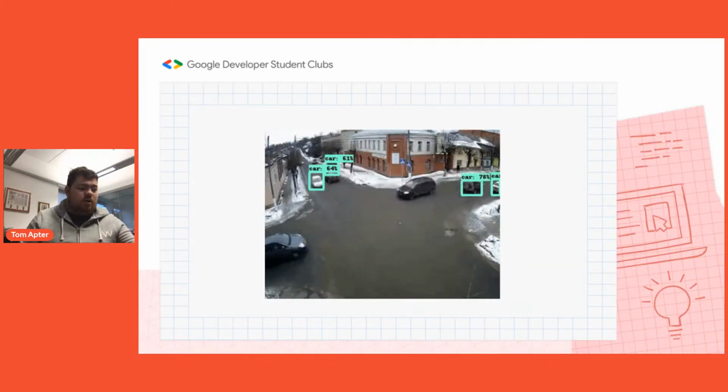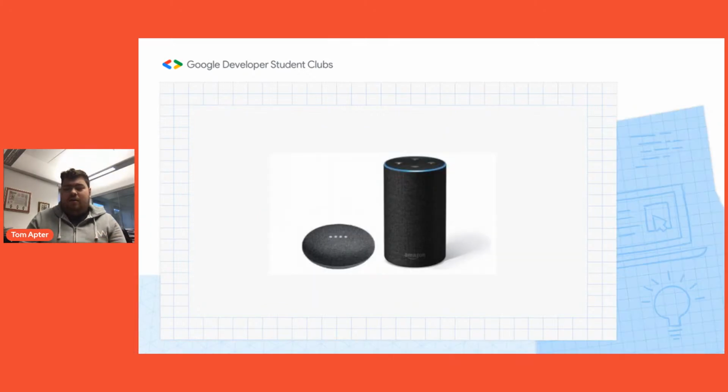So here are some good examples of projects that have been done with TensorFlow in the past. You can use object detection in video. Here's an image of a project where someone's trying to detect vehicles on the road. Another good use of TensorFlow is Amazon Alexa and personal assistants.